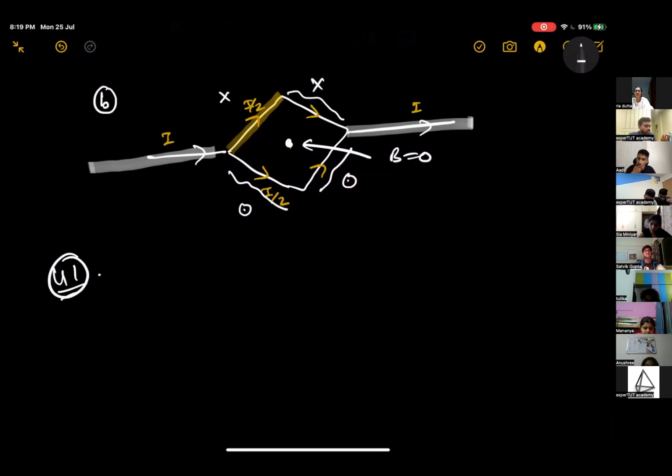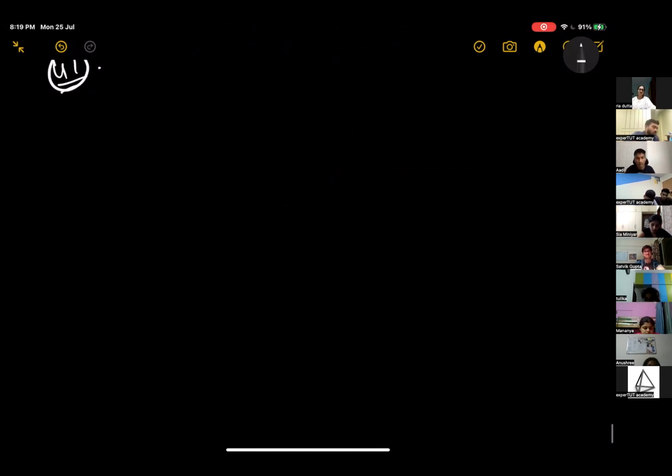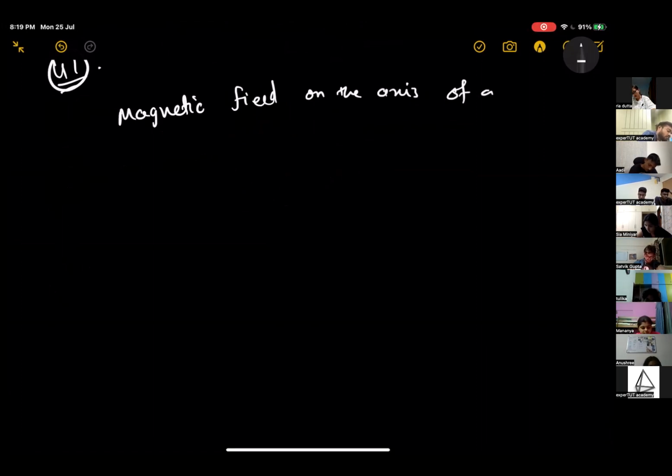Fine. Listen, now the next concept we are going to do is magnetic field on the axis of a circular loop. Write it down. Magnetic field on the axis of a circular loop.